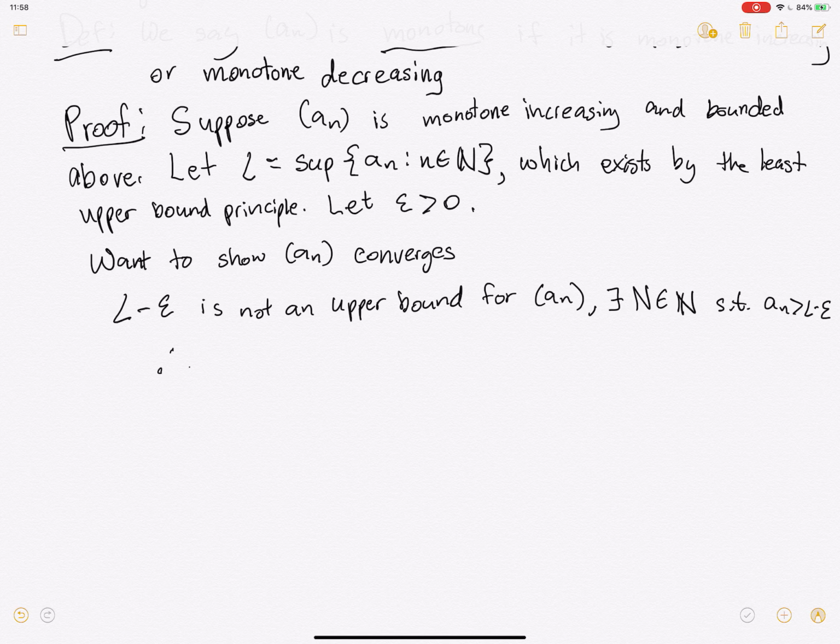So this implies, oops, skipped a line there.